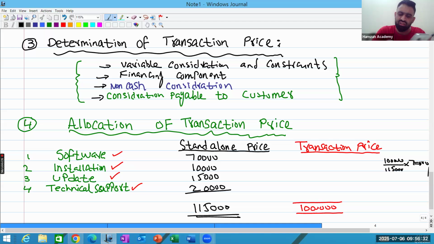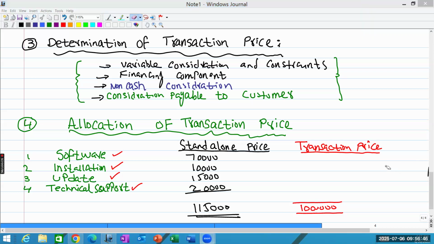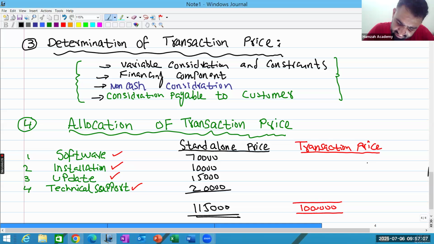If you do the calculation, I would have the transaction price for the software.